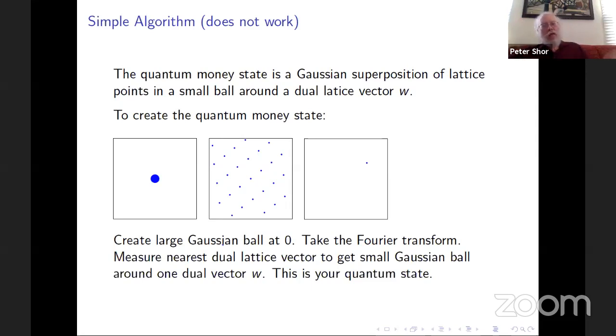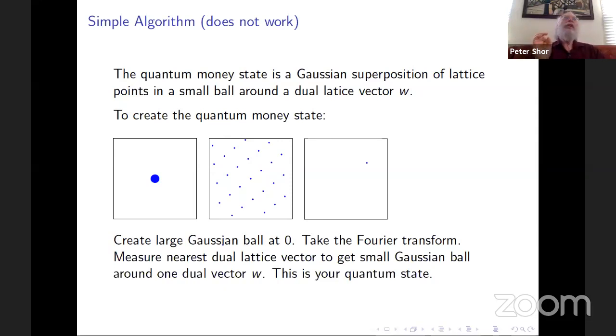We get a lot of small Gaussian balls around each dual lattice point. Because the original lattice is super dense and the dual lattice is super sparse, you can create a large Gaussian ball with the Gaussian sampling algorithm. And now when you take the Fourier transform, you get a lot of small Gaussian balls around each dual lattice point.